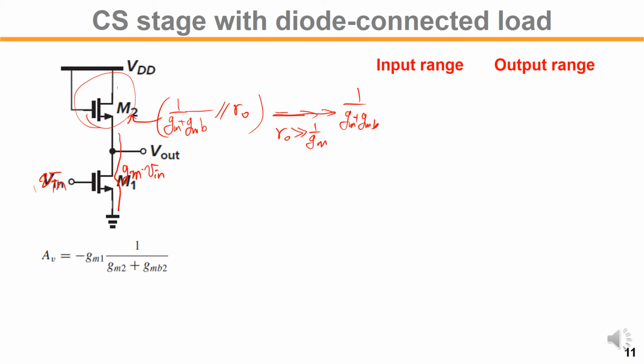Because gm times ro is the voltage gain of a single stage amplifier, which is typically greater than 1, around 10 to 20 in modern CMOS technology.